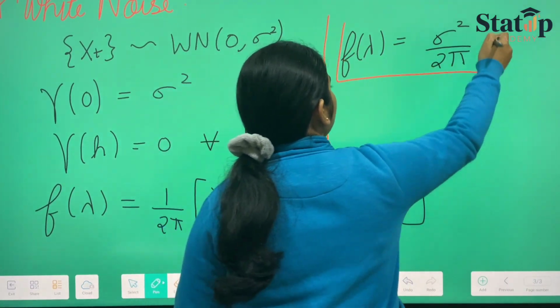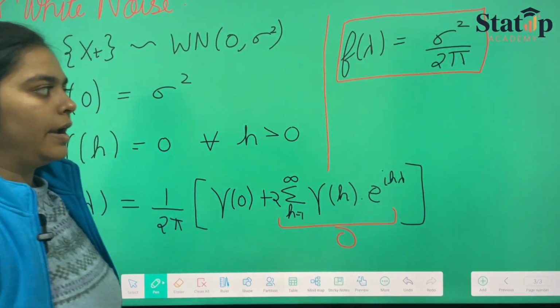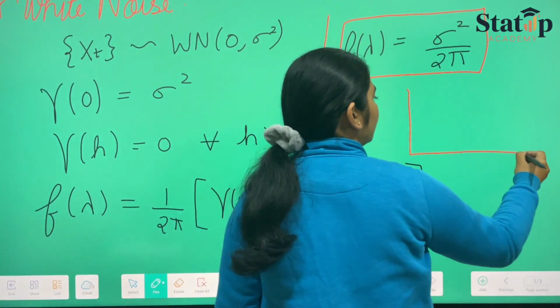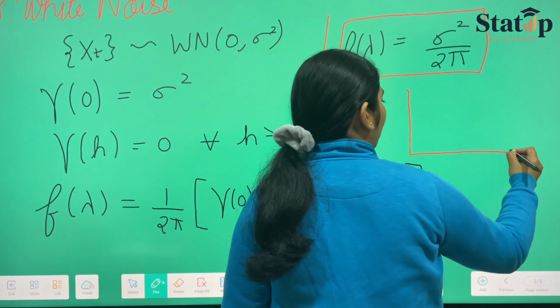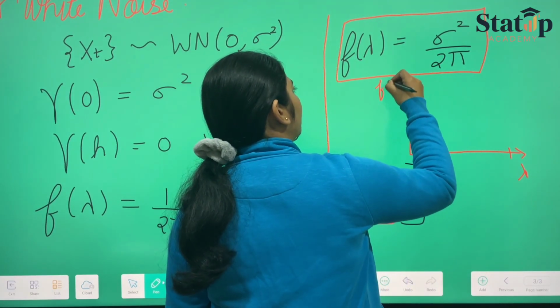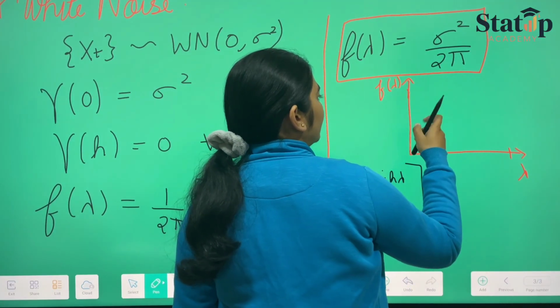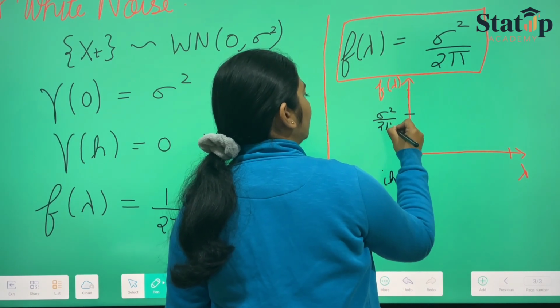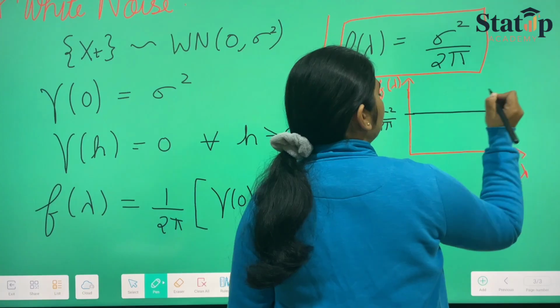So this is our spectral density function of a white noise, and if we draw it on a graph which represents the values of lambda on the x-axis and the spectral density function on the y-axis, then if this is sigma square upon 2 pi value, the graph goes like this.